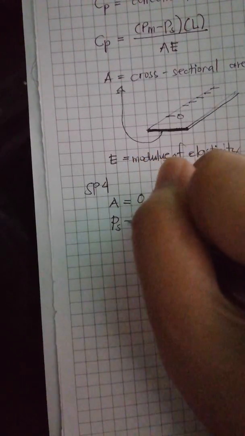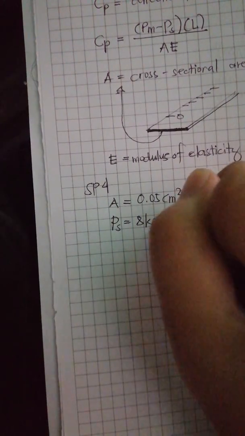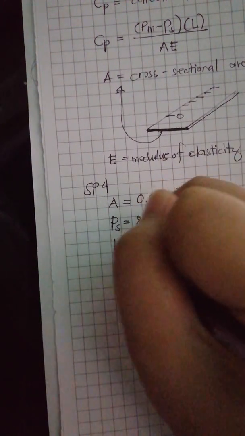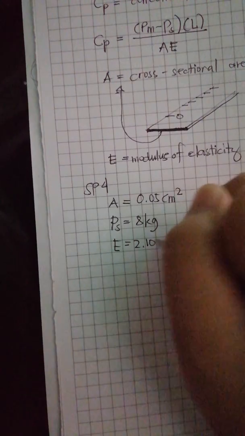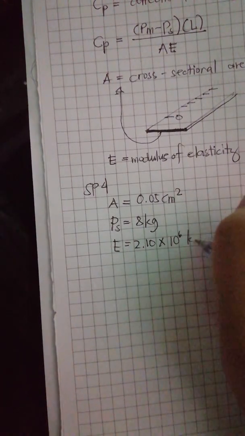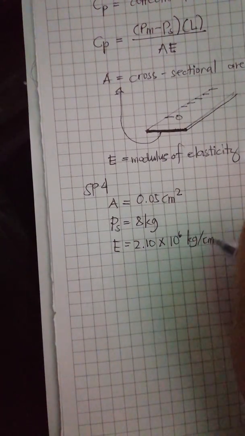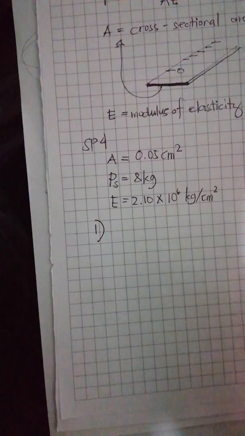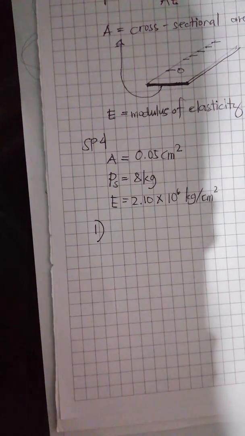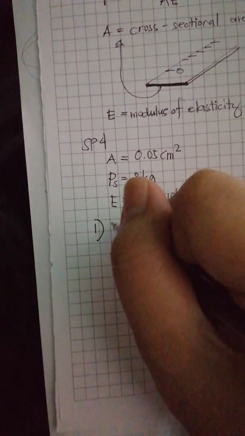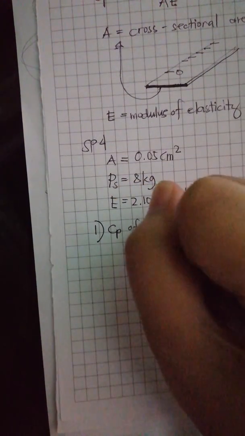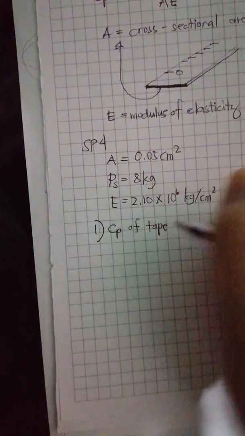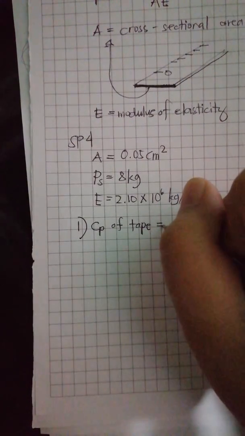So, this is PS, ang 8 kilograms. Then, yung E, given to be 2.10 times 10 raised to 6 kilograms per square centimeter. Okay, number 1, we are going to determine the correction in the tape if a pull of 12 kilograms is applied. So, CP of tape, correction due to pull on the tape.